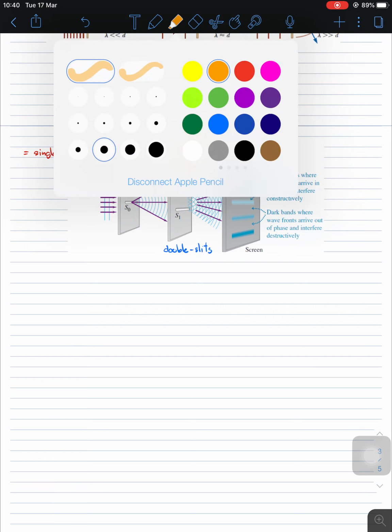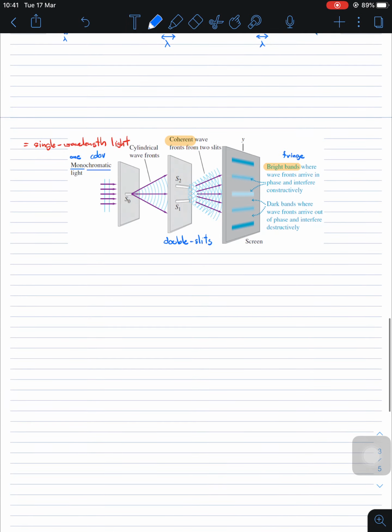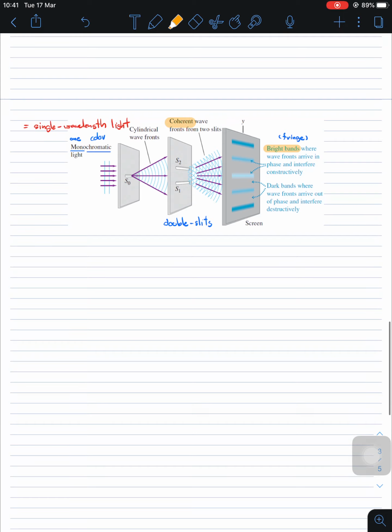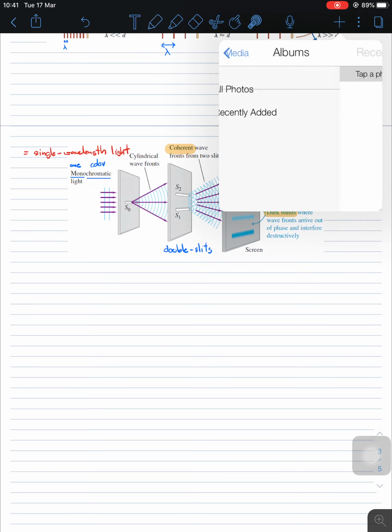The maximum is called the bright band or the bright fringe, and the dark bands are the dark fringes, with the same meaning. This will be the experimental result that we can get. Now let's look at other features.